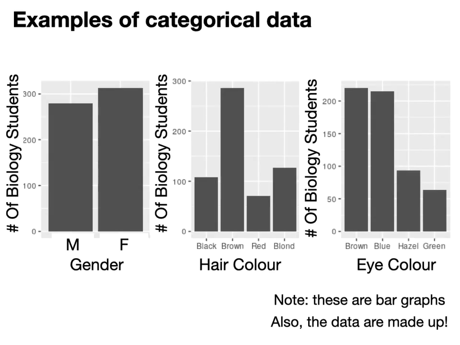Here's some examples. I made up these data. These are bar graphs. We're going to get in a few weeks to types of visualizations, and we'll get into that some more. But you probably have seen bar graphs before. And so these made up data plot three different hypothetical categorical variables and show you the distribution for some imaginary biology students.